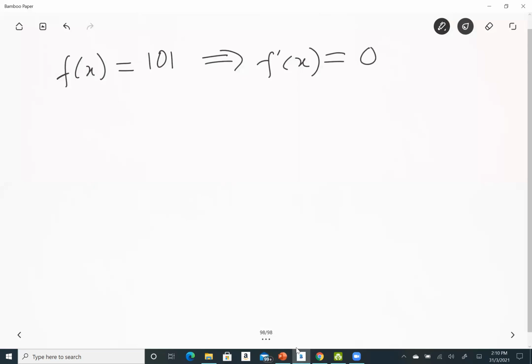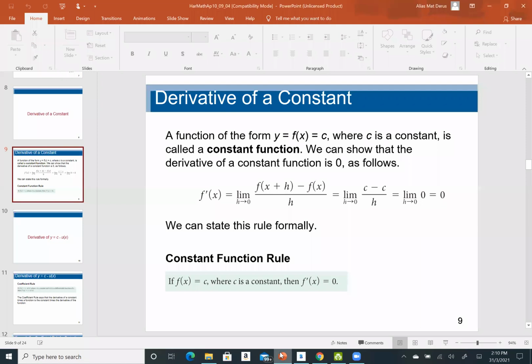So don't worry about the value of the constant. It can be f of x equal to 10, and that will be equal to 0. Okay, so that would be the constant rule.